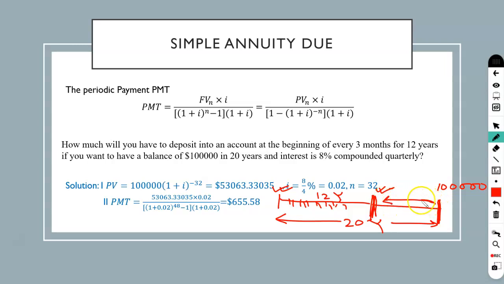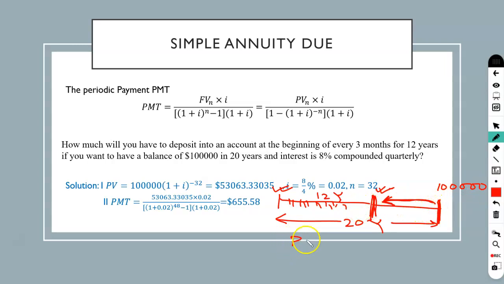That is, what is the value 8 years back? Because there are no deposits, it's not an annuity. So you will use the compound interest formula to find the present value because you are going back in time. So you will use the present value formula to find the value of $100,000 8 years back.